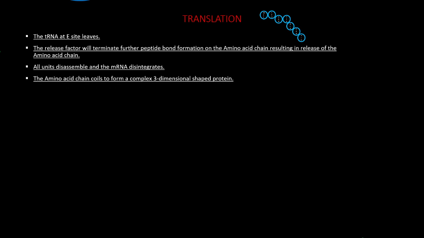This polypeptide chain will coil itself to form a complex three-dimensional structure, and this complex three-dimensional structure will determine it as a functional protein. So with this, we have come to the end of the translational process.